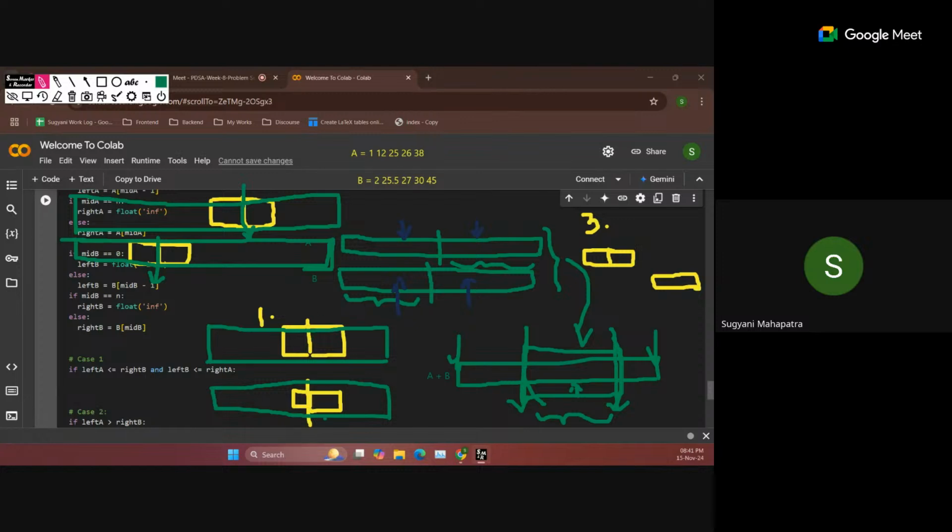Where do you think our middle element should lie? Notice that the middle elements will somehow be lying between these two elements. The minimum of these two will form one of the boundaries, and the maximum of these two will form the other boundary.